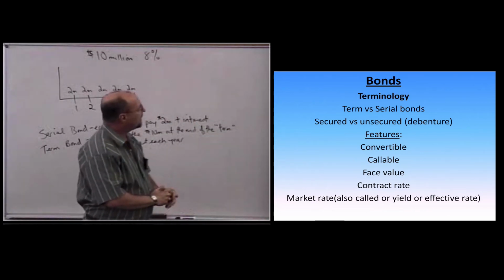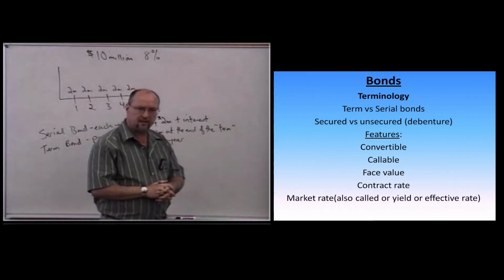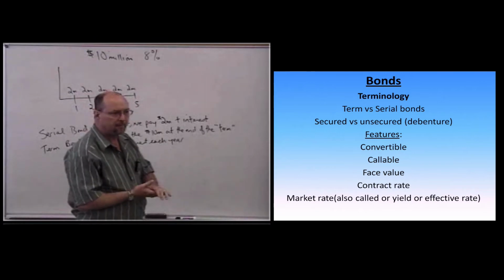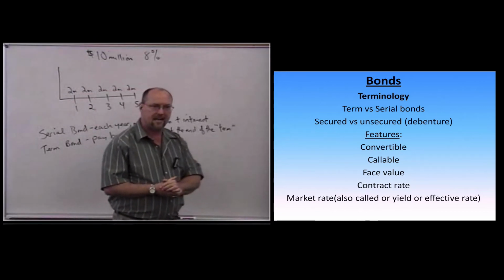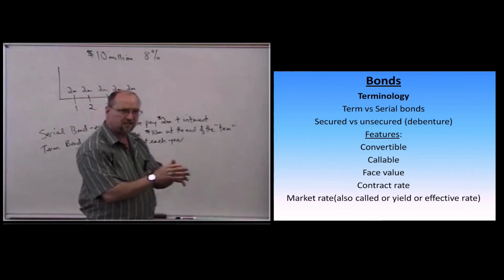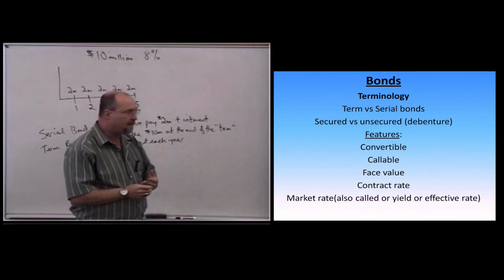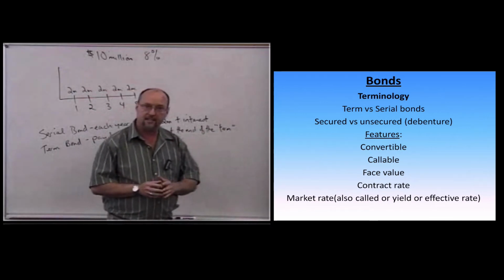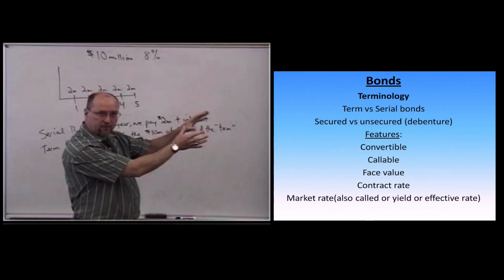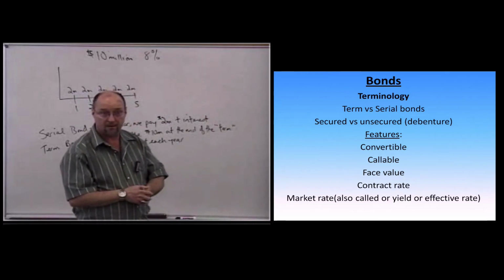Additionally, a bond can either be secured or unsecured. A secured bond is collateralized. So for example, if we issue bonds and they're secured, perhaps the security is the trust deed to property, some land and buildings that we own. In the event we can't pay the bond back or the interest, the bondholders can then grab the real estate, sell it, and recover part of their money, or hopefully all of their money.